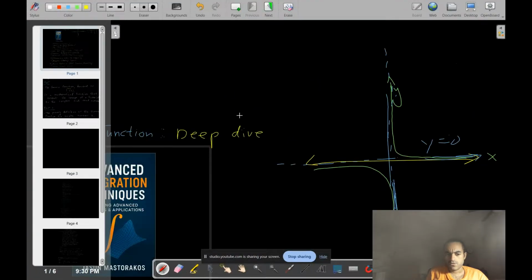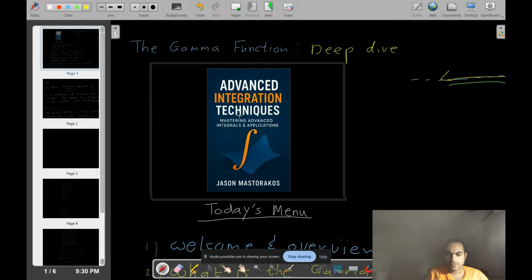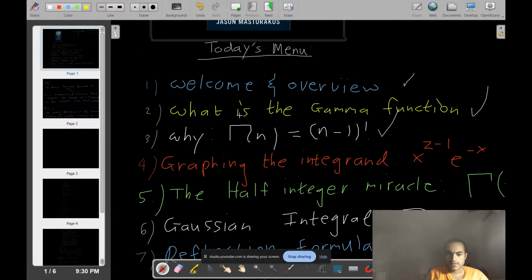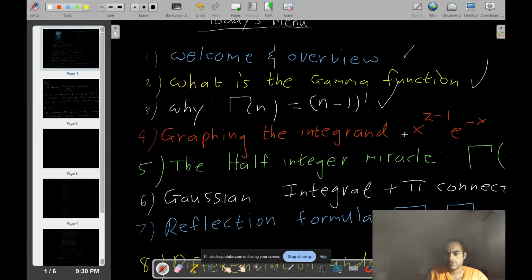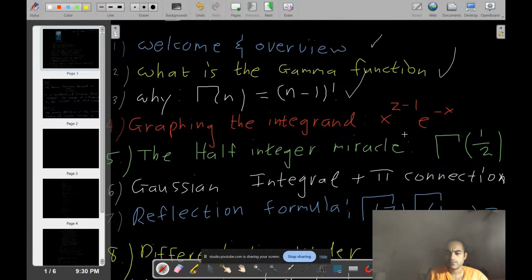So where were we again? We were talking about some things from a book. The last thing we were talking about was graphing the integrand x to the z minus 1 e to the negative x, the behavior of the gamma function. I also wanted to bring back some high school stuff about vertical asymptotes, horizontal asymptotes, and stuff like that.